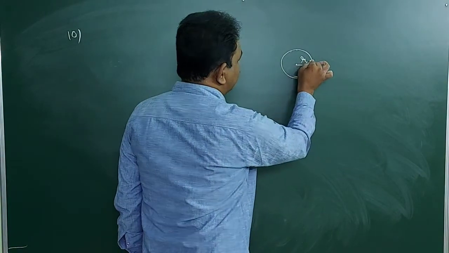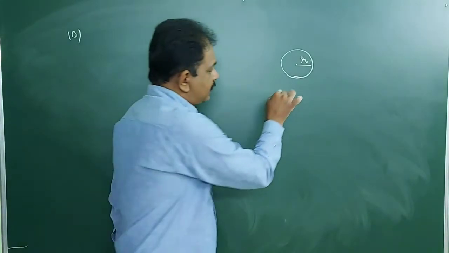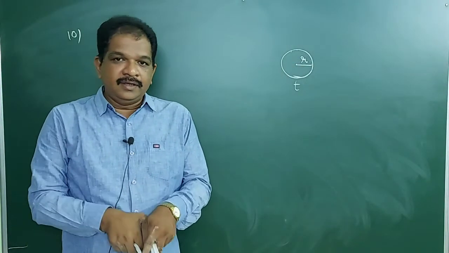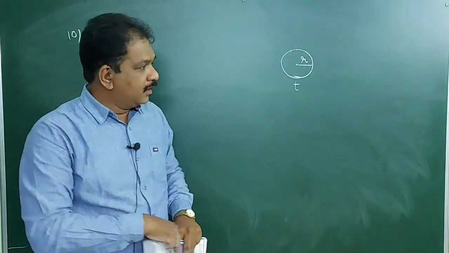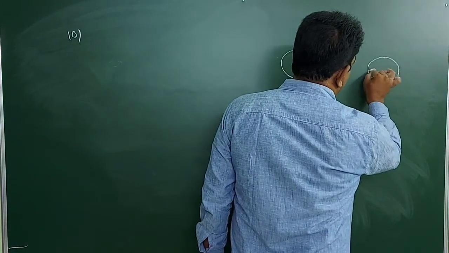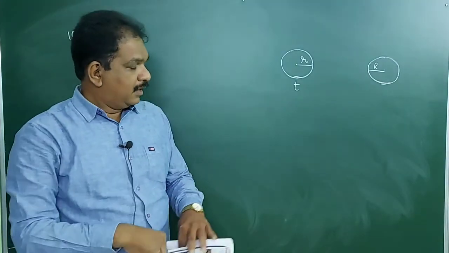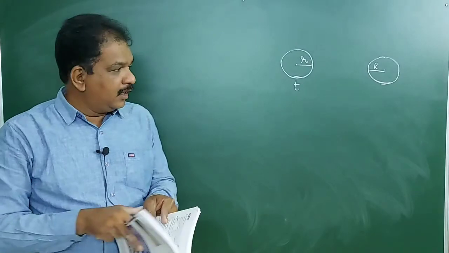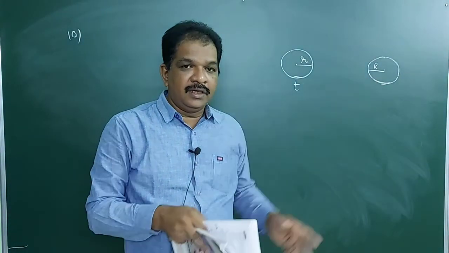Here radius of the sun is r. Temperature of the sun is small t. It is emitting radiations. Then here one spherical surface is there. Its radius is R. Then how much power will be received by this per unit area?